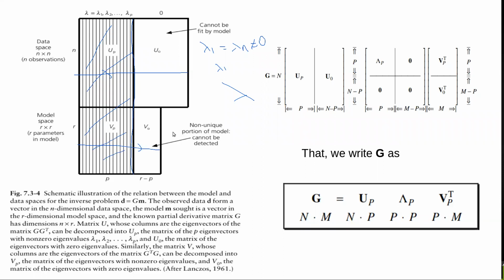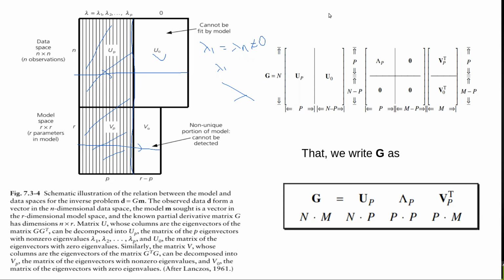The remaining V naught, this part of the model space, gives non-unique estimates of the model parameters, while U naught is where we cannot fit the data. This is where the misfit is coming from. So this is what it means schematically when we have zero singular values.